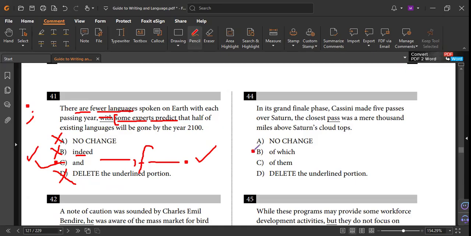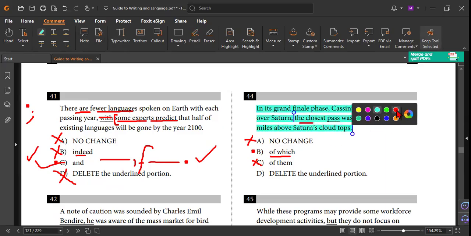I told you, read the notes in the chapter. Some of which is not a subject. Here, comma splice, because we have two complete clauses. This is the first clause, and this is the second clause. Do you imagine it or not? Yes. So joined by only a comma, wrong.